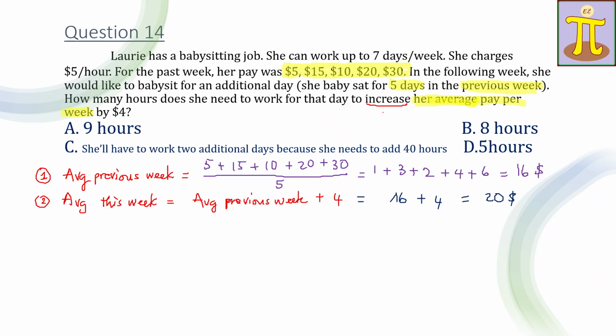So now we have to calculate step number 3, how many extra hours for an additional day, which is 6 days. So previous week she worked 5 days, but this week she worked 6 days because she has an additional day. Okay, so for this week is 6 days working.